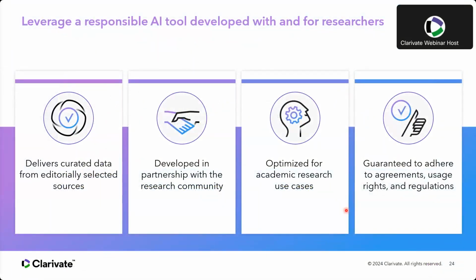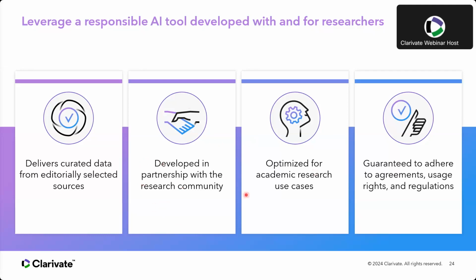So here I want to mention a few points. So we're talking about curated data published in journals that have been selected, sources that have been selected, conference proceedings as well, and books. The assistant has been developed in partnership with the academic community.